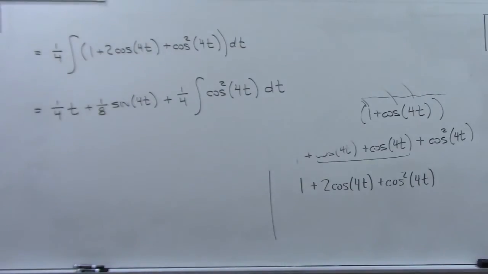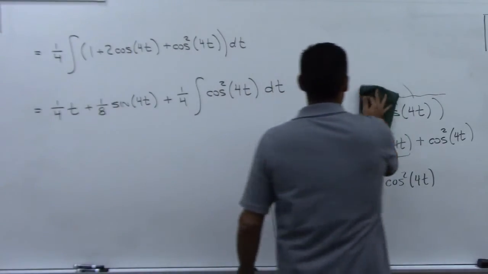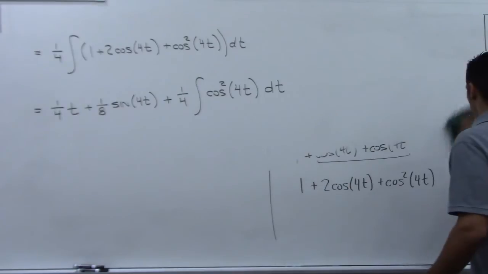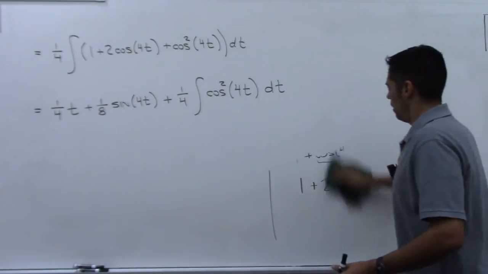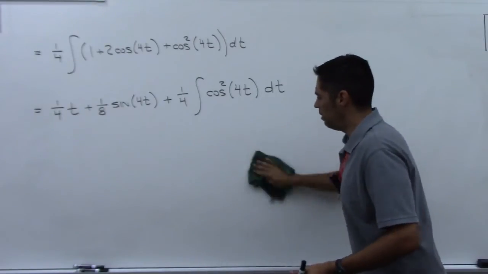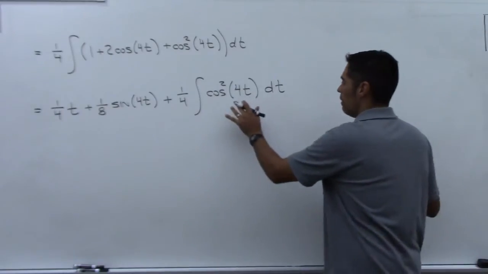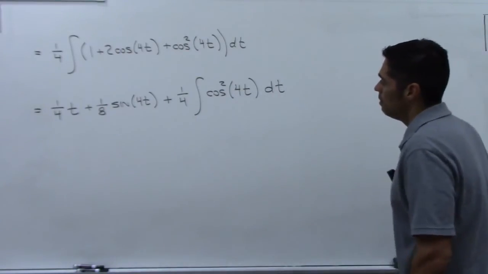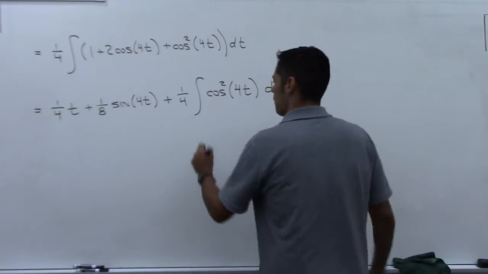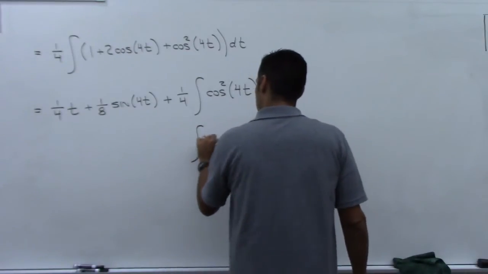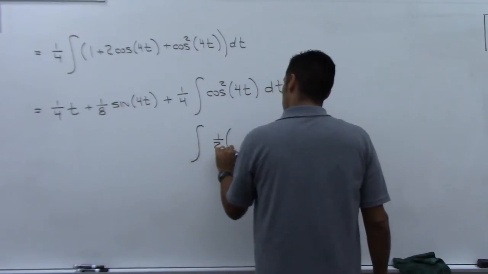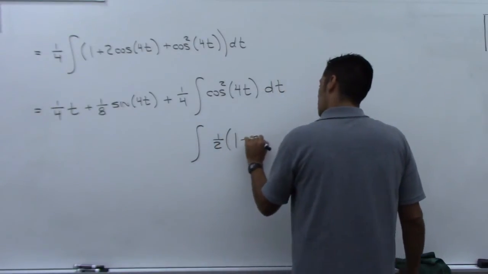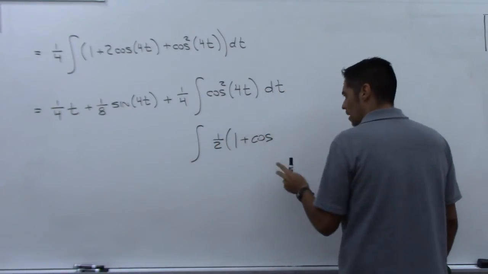Okay, at this point, I'm going to need to bring that formula back in. The formula is going to allow me to reduce the power on this one right here. So, using the formula, this integral becomes a 1/2, then in parentheses 1 plus cosine, and then double the angle.